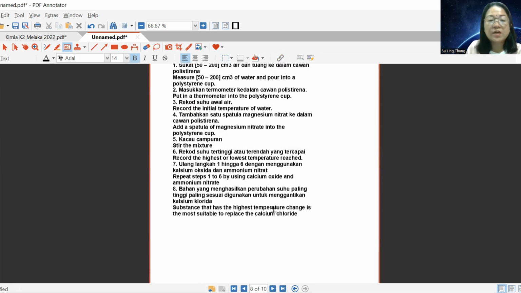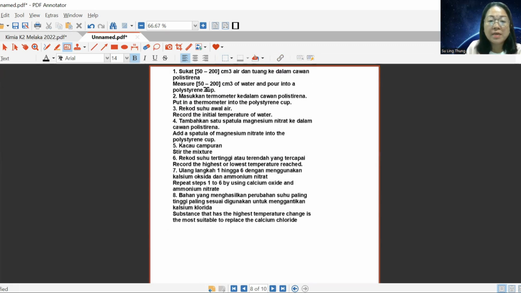First, you will need to measure 50 to 200 cm cube of water and pour it into a polystyrene cup. Then you put a thermometer into the polystyrene cup. Record the initial temperature of water. Add a spatula of magnesium nitrate into the polystyrene cup. Stir the mixture.